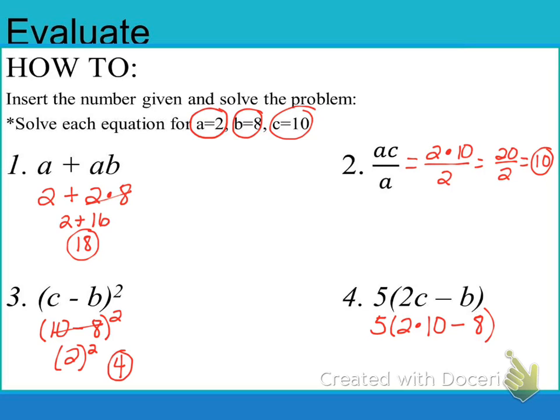So which one goes first? 2 times 10. 2 times 10 is 20. Minus 8. We still have to work inside the parentheses. 20 minus 8 is 12. And now we have 5 times 12, right? Because a number next to parentheses means multiply. 5 times 12 is 60. So our final answer is 60.